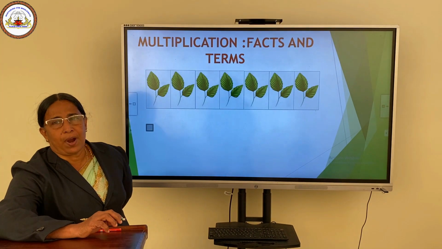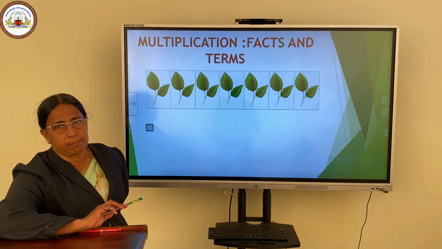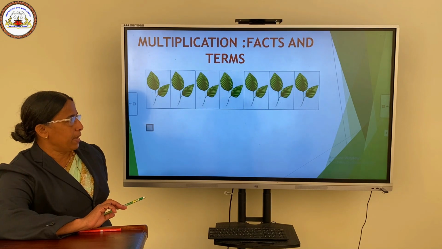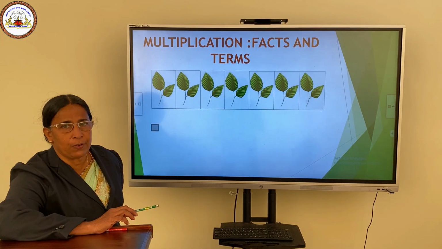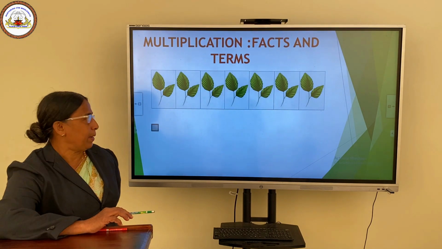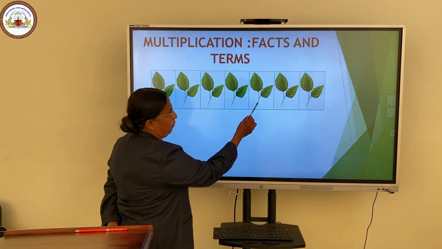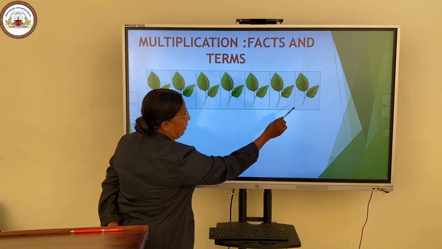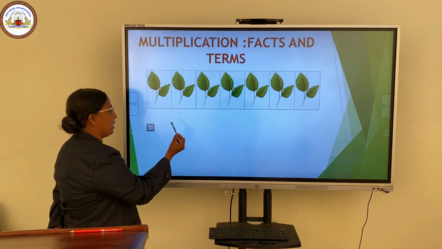Let us see one more example. What do you see in this? Yes, we can see some leaves. How many sets of leaves you can see? Yes, it is 7. 1, 2, 3, 4, 5, 6, 7 sets of 2 leaves each.